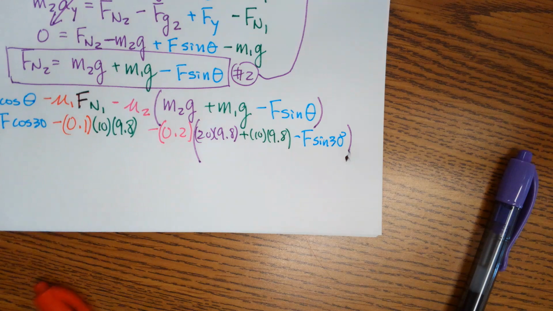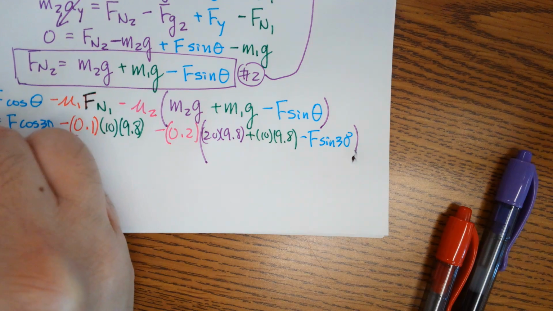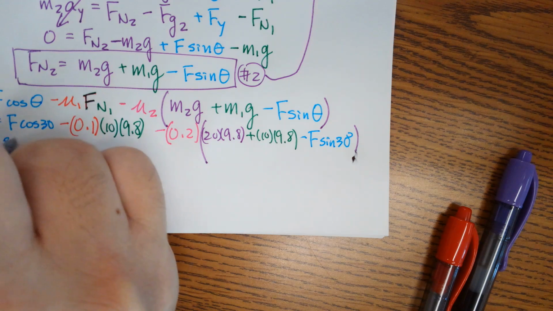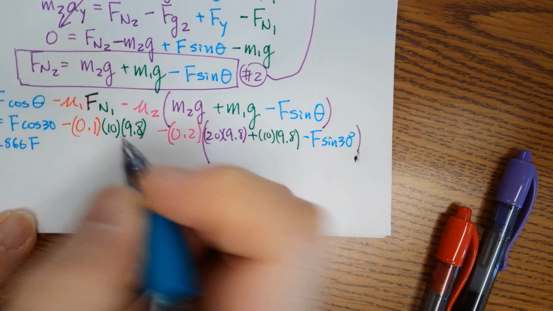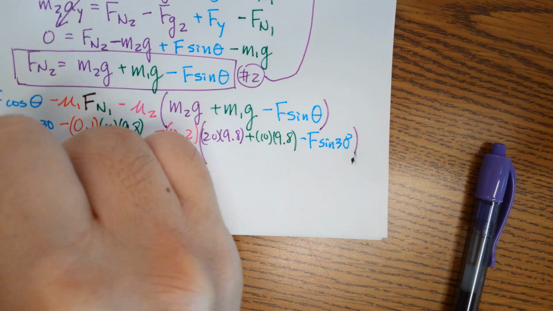So if you work it out, I think you'll get something like 19.6 is equal to 0.866 f minus 9.8, right?